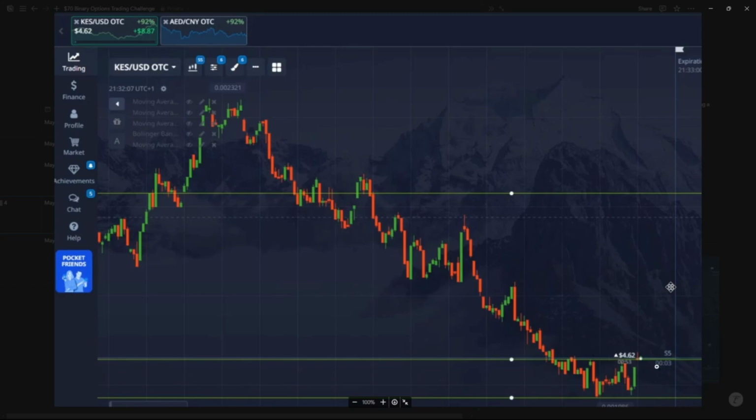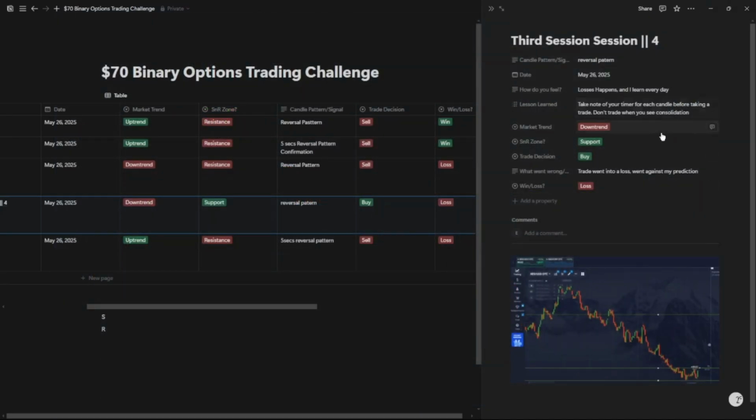I was not keeping track of my timer above, which you can see at the top left corner. I was expecting that my trade would buy after seeing this reversal candlestick pattern, and I saw there was a gap up above my support line, but the trade came to be a loss.